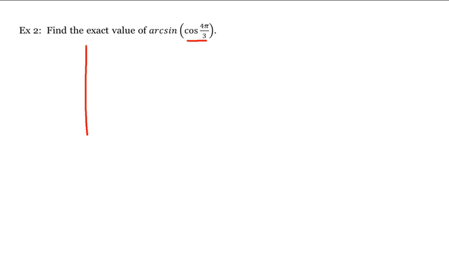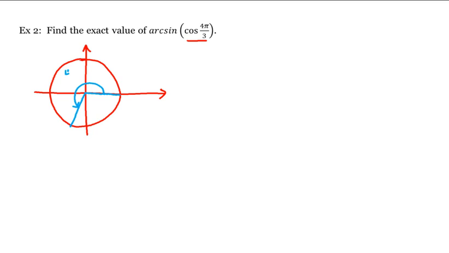Well, thinking of our unit circle, the terminal side of the angle 4 pi over 3 intersects the unit circle at negative 1/2, negative square root of 3 over 2. And the cosine is the x-coordinate of this point here, or negative 1/2.